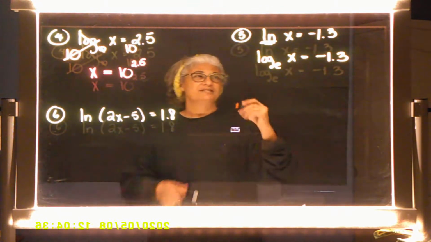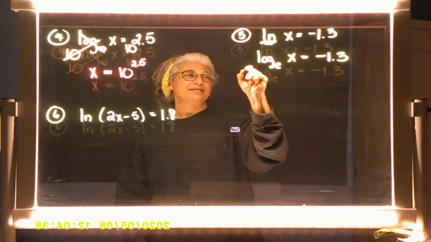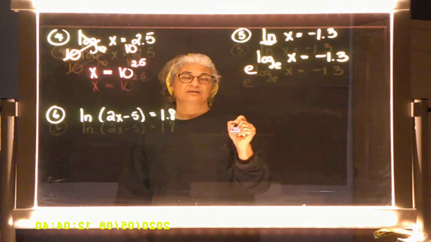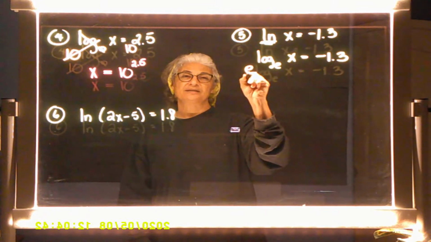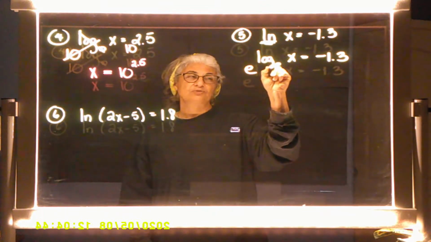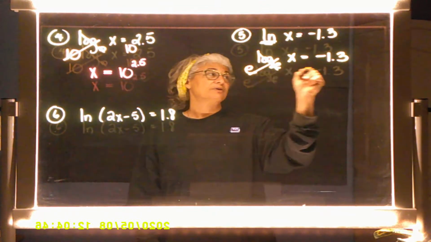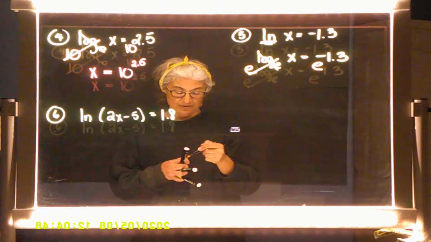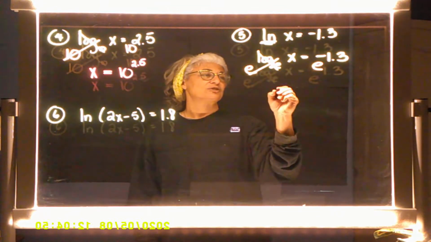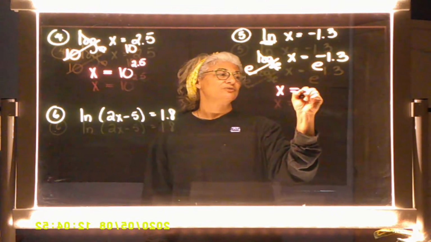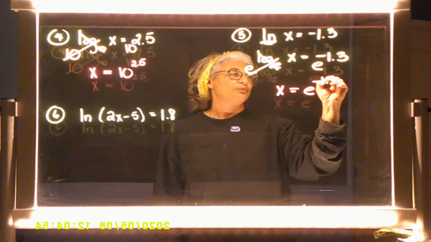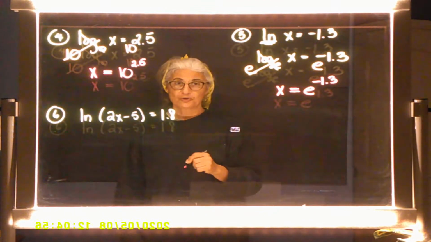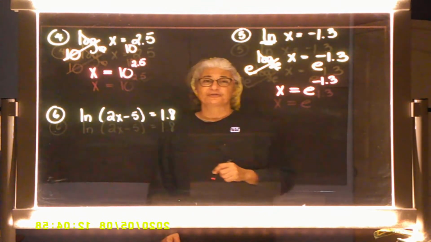So we have to take exponential base e of both sides, don't we? Because exponential base e will cancel log base e, won't it? And remember, I said both sides. Which means in this particular case, x would be equal to e to the negative 1.3. Cool? How are we doing so far?